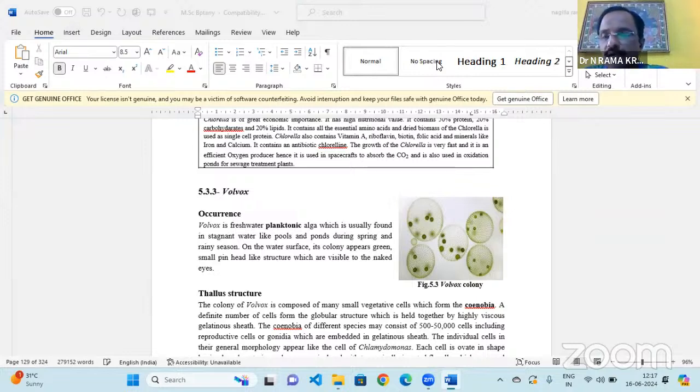Chlamydomonas always moves from one place to another, and that's why it contains flagella. These flagella arise from two separate basal granules, and we call these blepharoplast flagella.